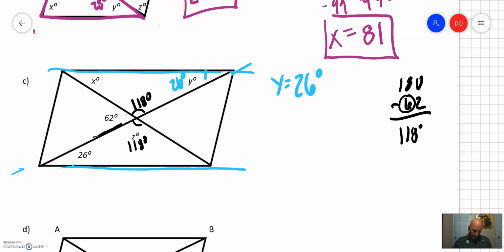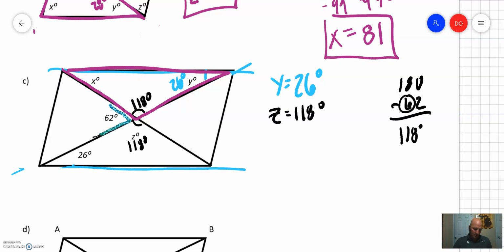And lots of things we could do to find this last measure, x over here. Oops, I forgot to write down that z. Z is 118 degrees. And then inside of this last triangle right here, I have 2 out of the 3 measures. So I should be able to come up with the third measure. Or, going back a long ways, the 62 is an exterior angle.